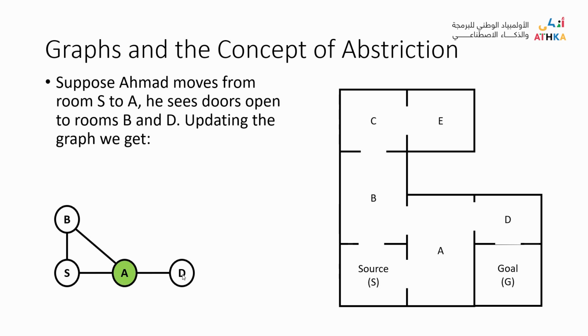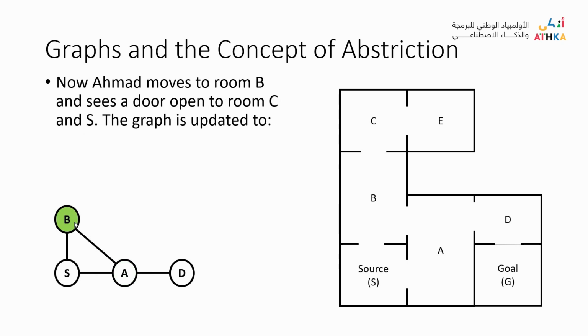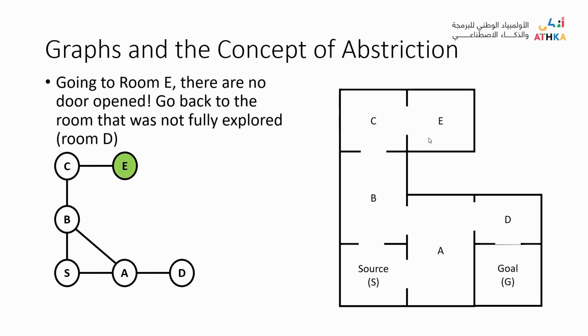Then we have to move to one of these rooms, and since we are going in lexical order, we'll go to B, and from B we will see a door that is open to room C. So we'll draw a line to C, then we'll move to room C, and when we go to room C we will see that there is a door open to room E and we can draw to room E. When we go to room E we reach a dead end.